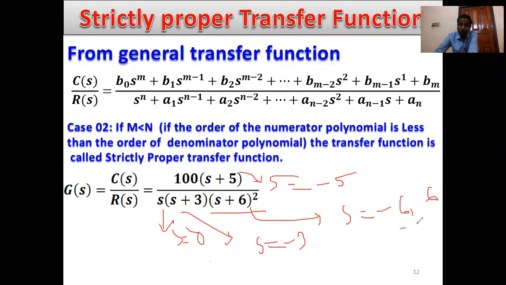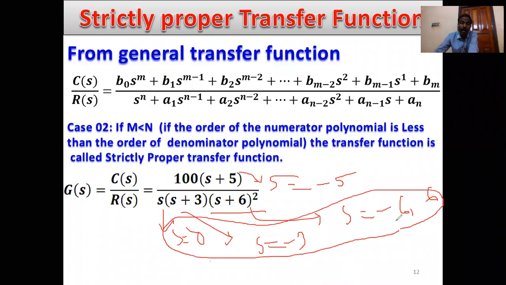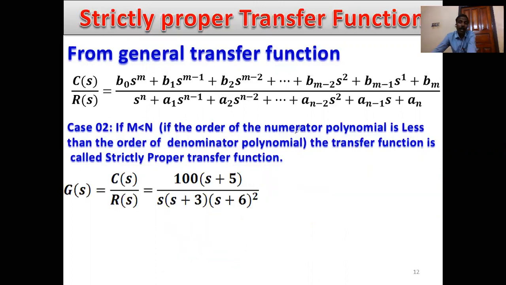So the number of poles equals 4 and the number of zeros equals 1. So p is greater than z, or denominator power greater than numerator power. This type of system is called a strictly proper transfer function.